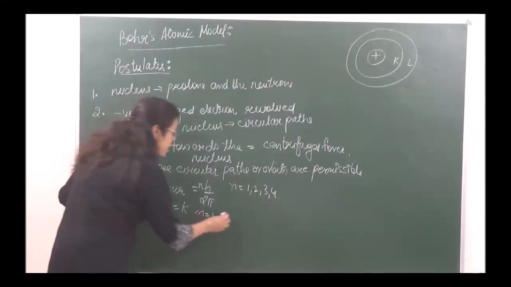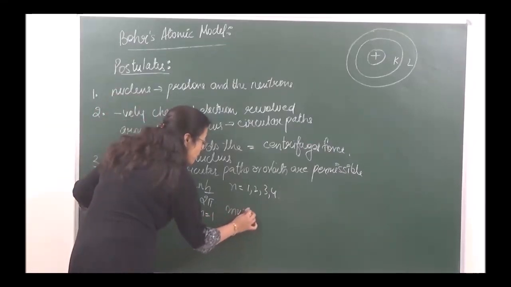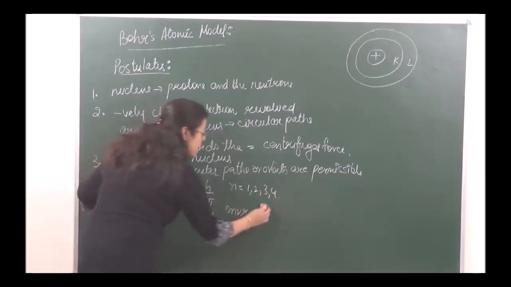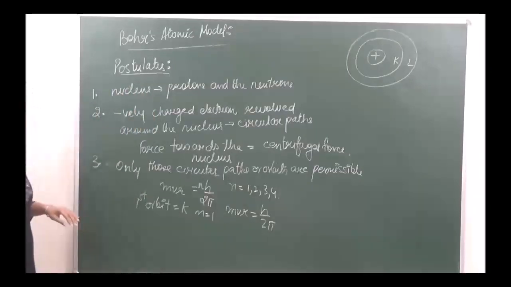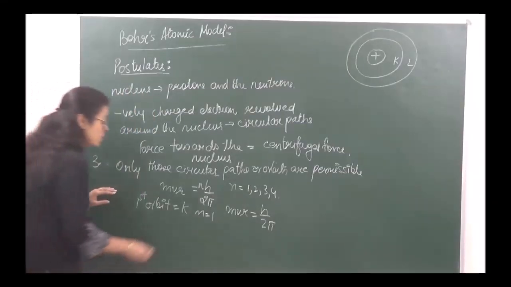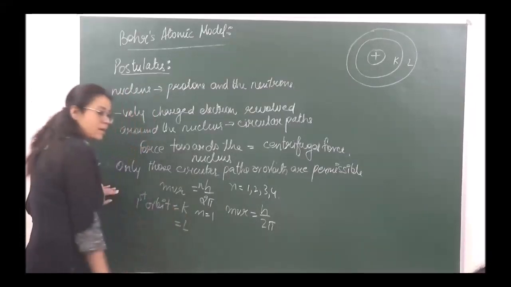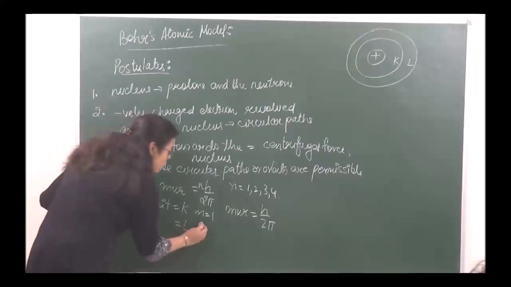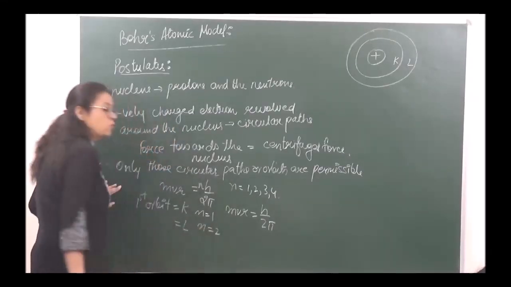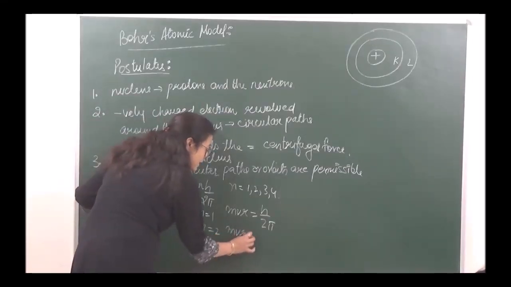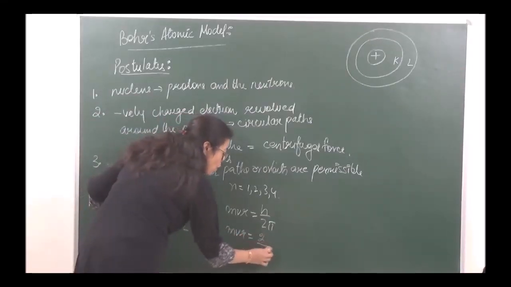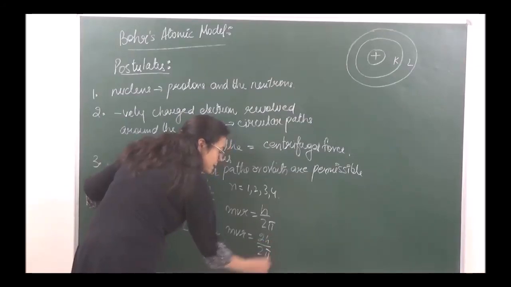So for the first orbit, the angular momentum is going to be h upon 2 pi. Then when the electron is in L, the value of n is equal to 2, and the angular momentum mvr is equal to 2h upon 2 pi.